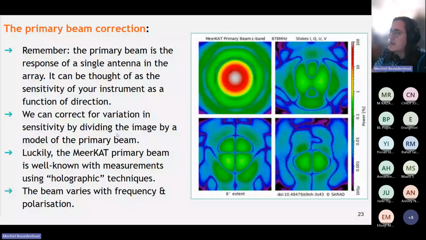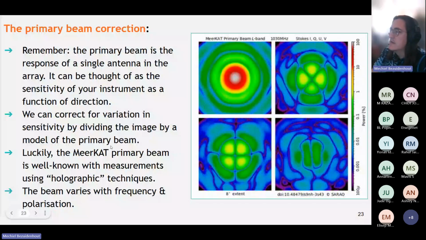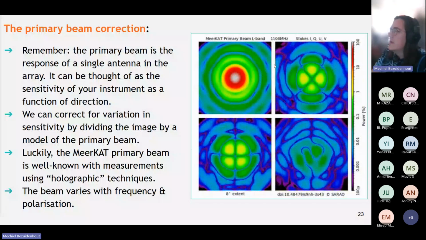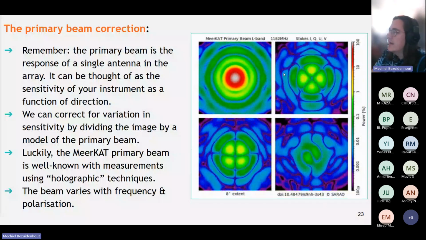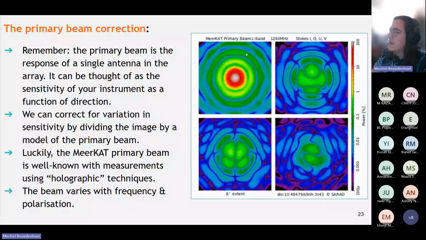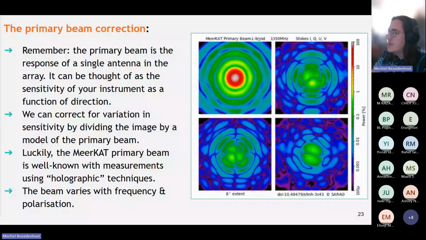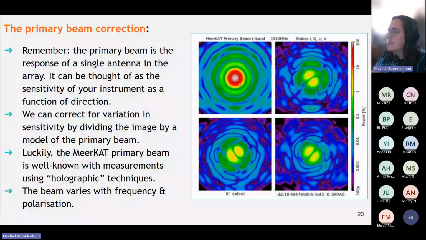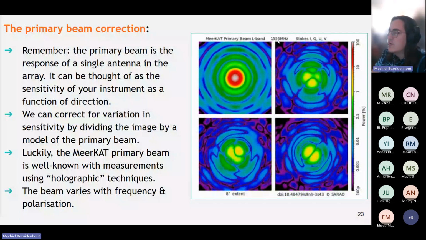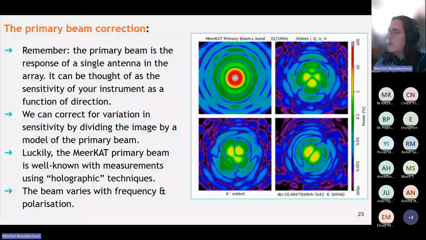And on the right is an animated depiction of the primary beam. This is at L band for MeerKAT. You can see that it's changing as a function of frequency. So the frequency is increasing here. And it also is different for polarization channels.